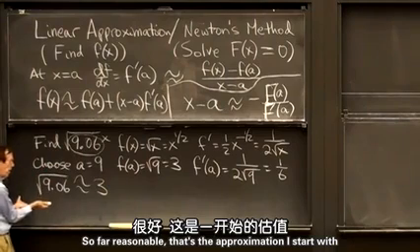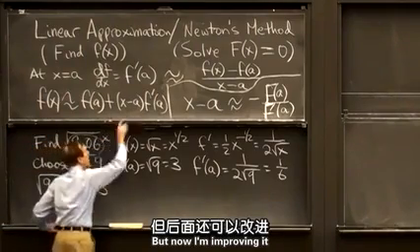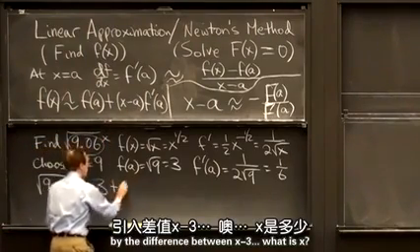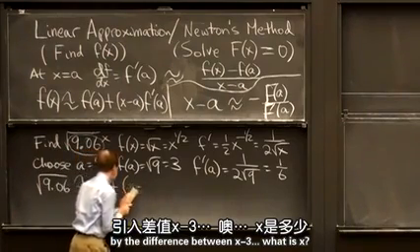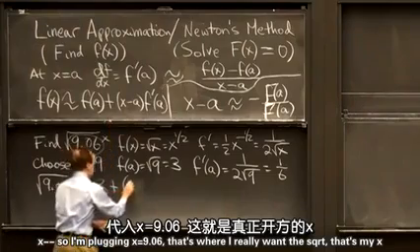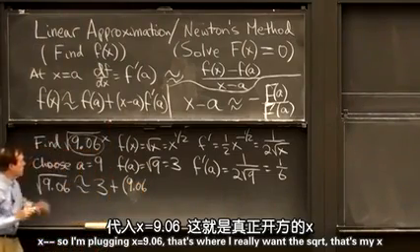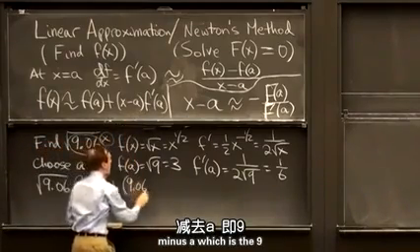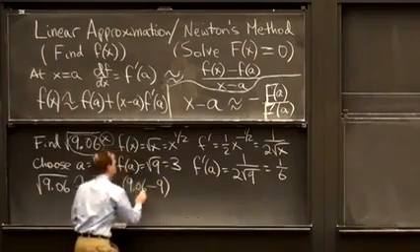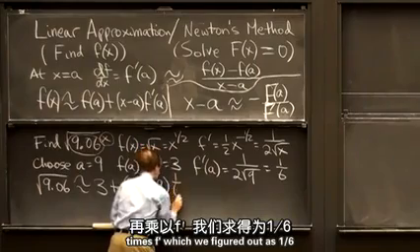So far reasonable. That's the approximation I start with, just using the 9. But now I'm improving it by the difference x minus A, where x is 9.06, that's where I really want the square root, minus A, which is the 9, times f prime, which we figured out as 1/6.